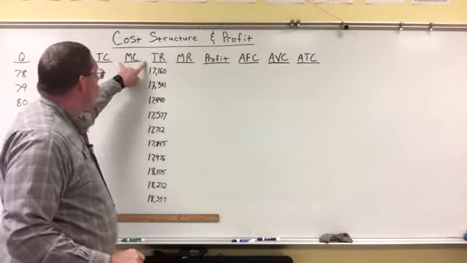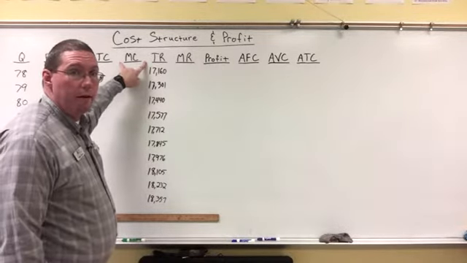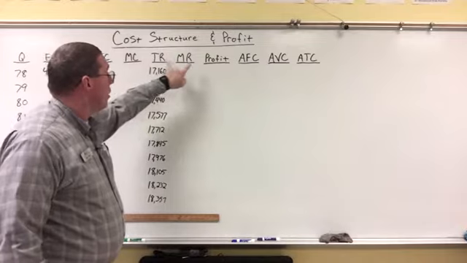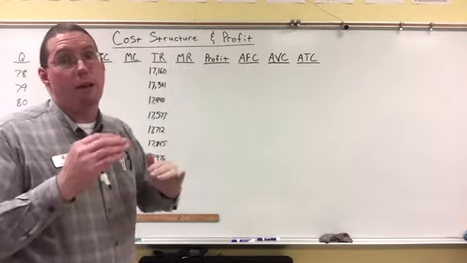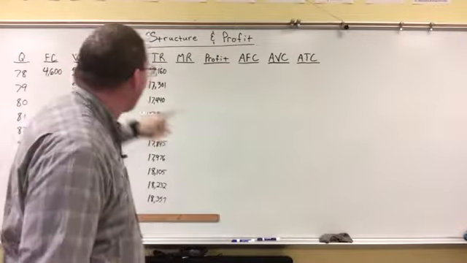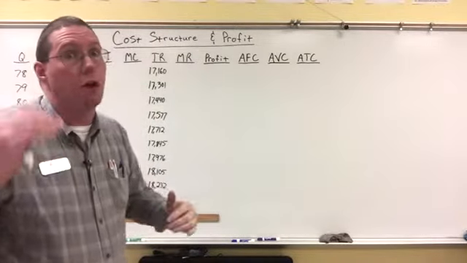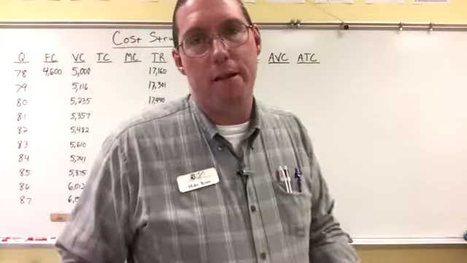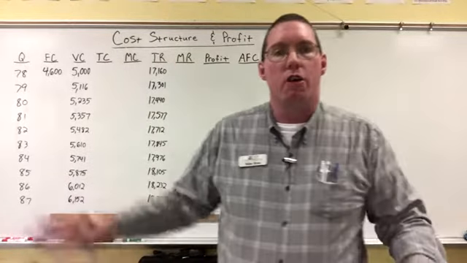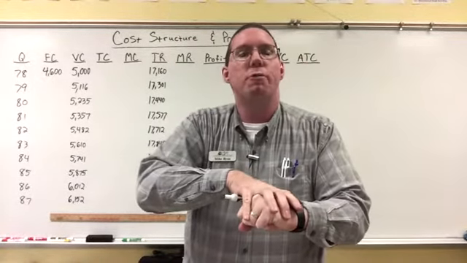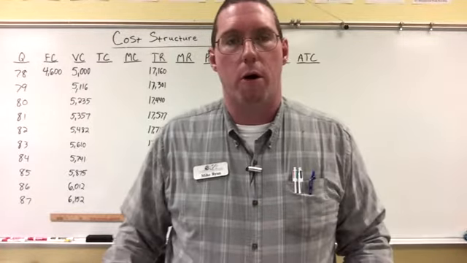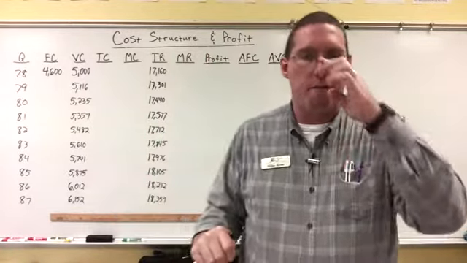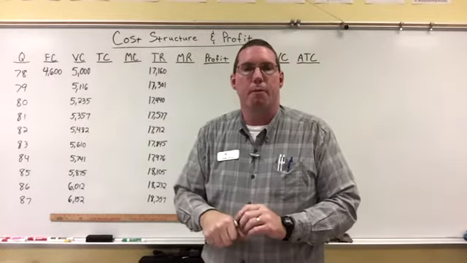The costs are going up, and the revenues are going up too, but the added revenue is getting smaller and smaller and smaller. But the added cost is getting larger and larger and larger. And eventually the added cost is going to overtake the added revenue, and it's not going to make sense to produce any more. You're going to want to stop to make your profit as high as you can possibly make it.